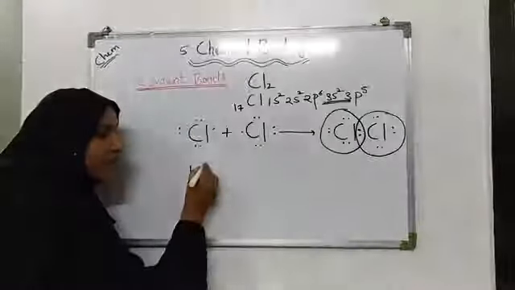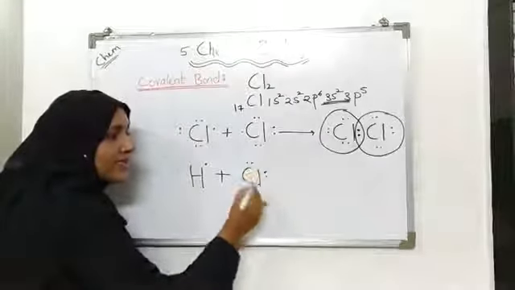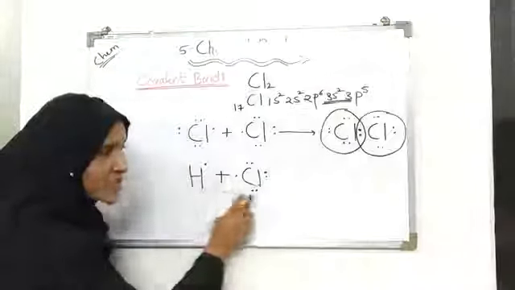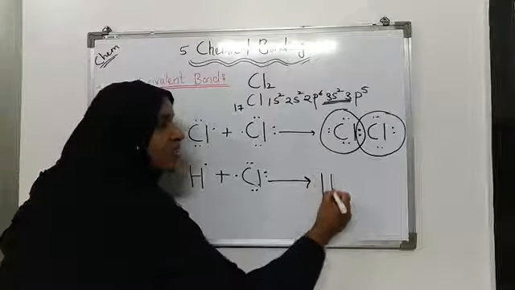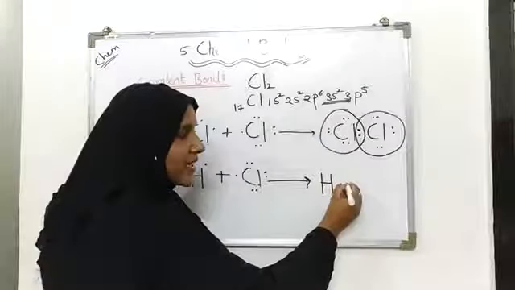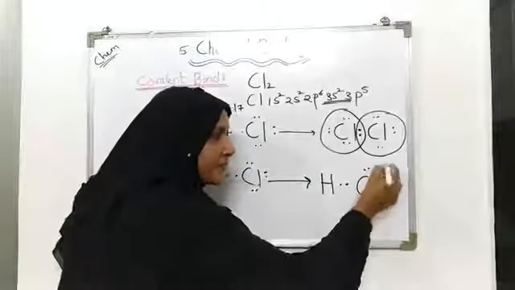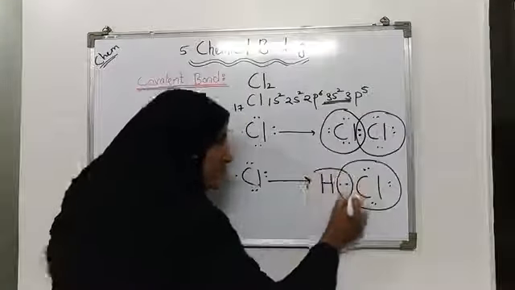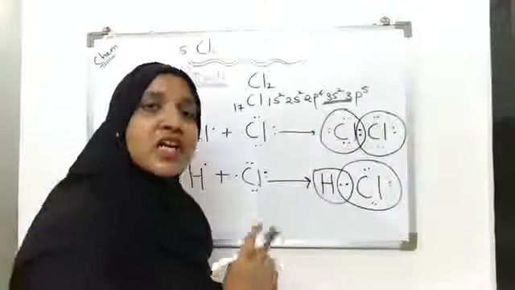Hydrogen has 1 electron and chlorine has 7 electrons in its outermost or valence shell. Now when hydrogen and chlorine approach each other, what do they do? The hydrogen gives its 1 electron and chlorine gives its 1 electron, and in this way chlorine can complete its octet and hydrogen can complete its duplet.